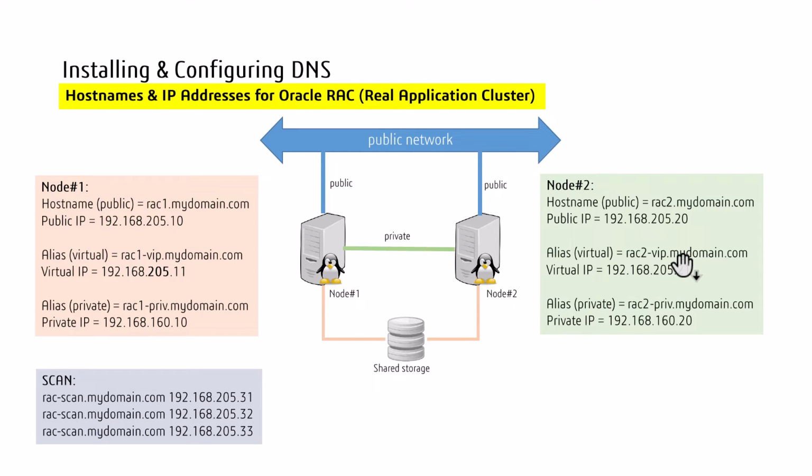Similarly we have a virtual IP for each node, and there is a private IP and host name for both nodes. All right, for the SCAN we have a domain name and its corresponding IP address as shown in this document.